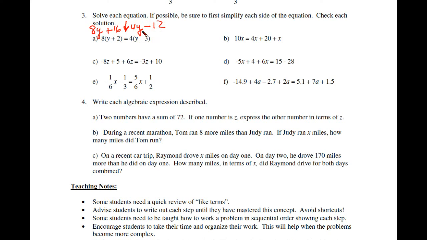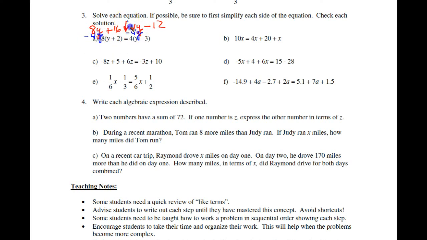Now the rule is you want to get all the letters on one side, all of the numbers on the other side. And you want to try to keep your variable positive if you can. So what I'm going to do here, I'm going to subtract 4y from this side, and I must do the same to the other.